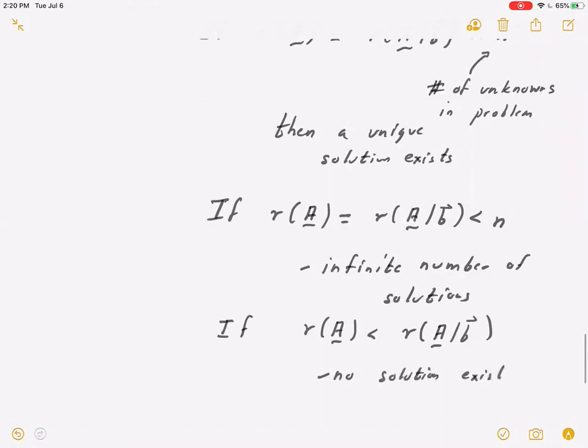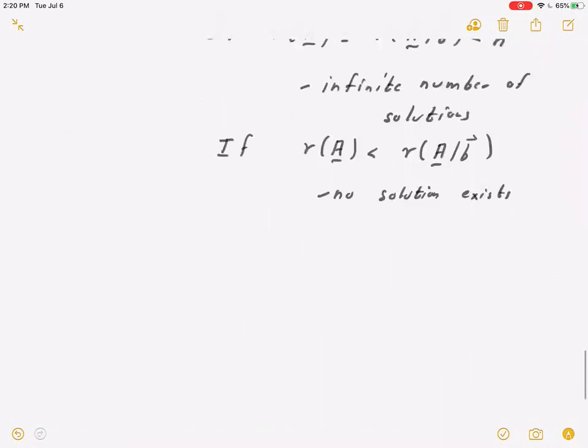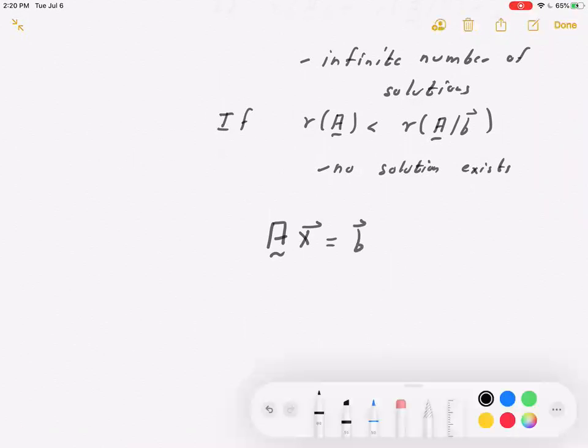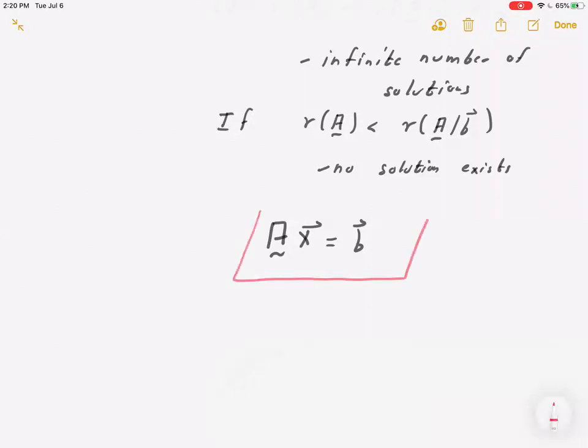So at the end of the day, it's very nice and beautiful that you can use matrix multiplication, in particular matrix vector multiplication, to write all the possible cases that you can encounter when you solve a set of linear equations simultaneously as this simple equation, which, as I said last time, is one of the most important equations in linear algebra.